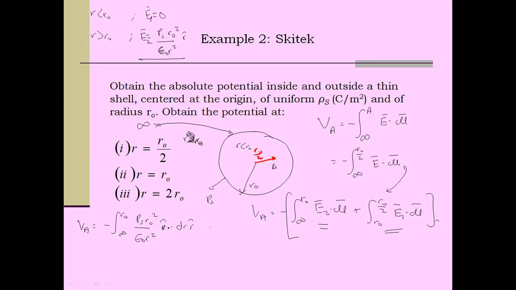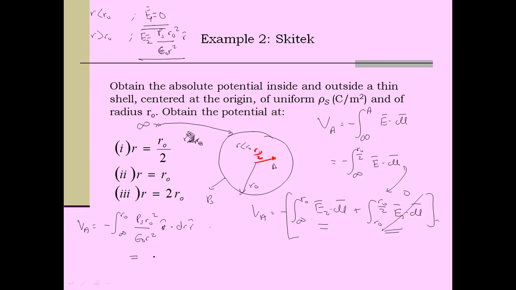If not, we cannot find the integration. Whereas for E1 dot dl, knowing that E1 is 0 from what we obtained previously, that contribution will be 0. So we don't have to calculate the integration from R naught to R naught over 2. We just deal with this first integration.